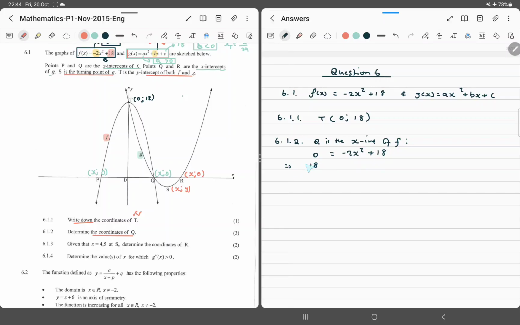This implies that minus 18 is equal to minus 2x squared when you transpose, which also implies when you divide by 2, x squared is going to be equal to 9. Therefore, x is going to be plus or minus 3. But now Q is on the positive x-axis. We can say, therefore, x at Q is plus 3. Therefore, Q is the point (3; 0).